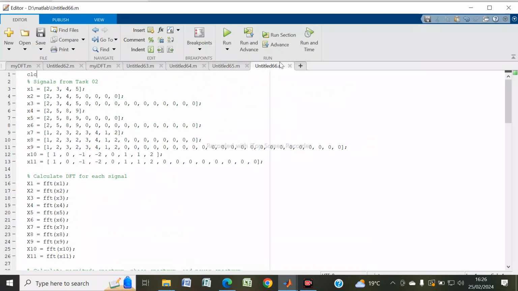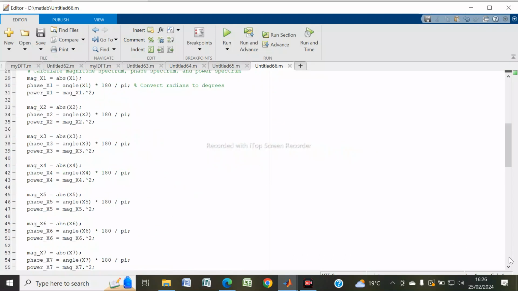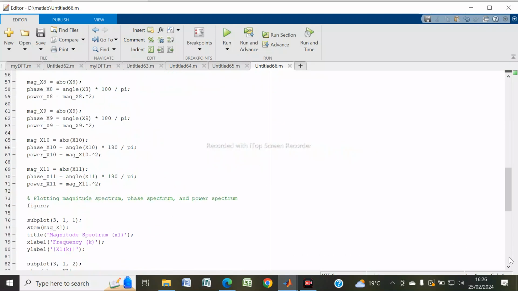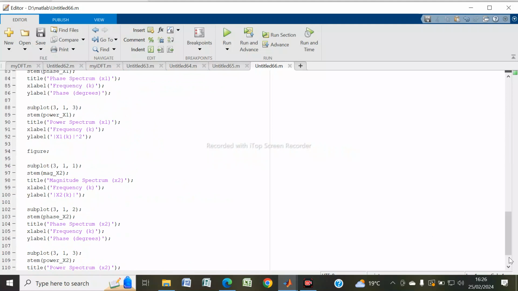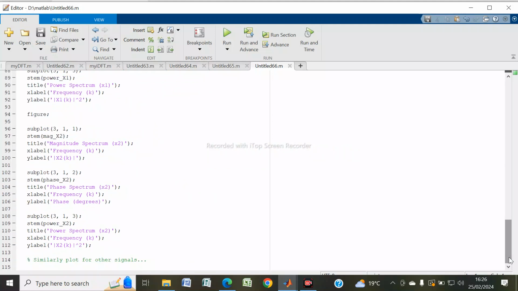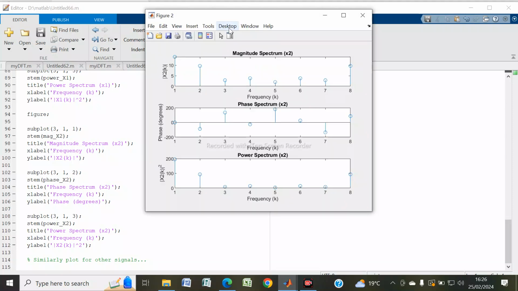When we run task number 2, here you can see that similarly we have given the 11 signals, calculated FFT, and then its magnitude, phase and power spectrum of each signal, and then we use a discrete plotting stem here to plot them, and when we run it, as you can see the magnitude spectrum and phase spectrum of the second signal and of the first signal.